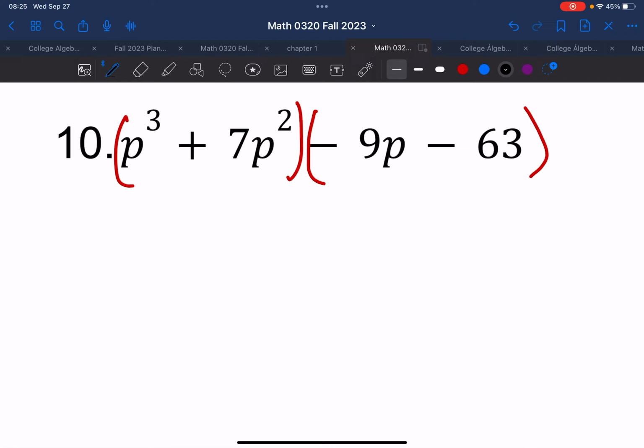Okay, as you're working through it, I'm going to start taking the GCF out of each one. And then you compare with your work.